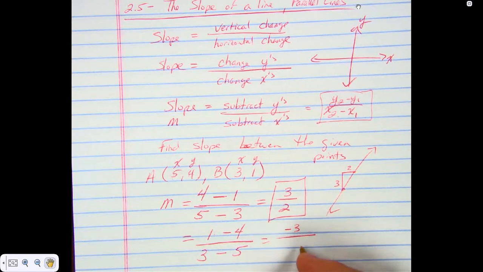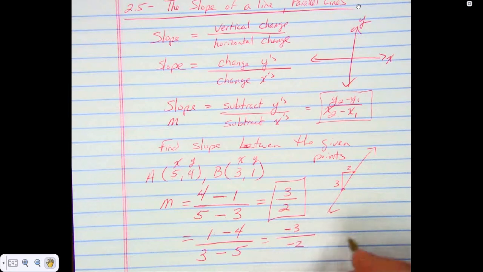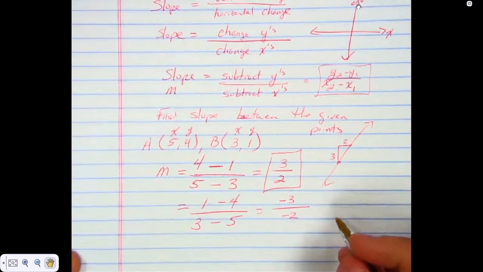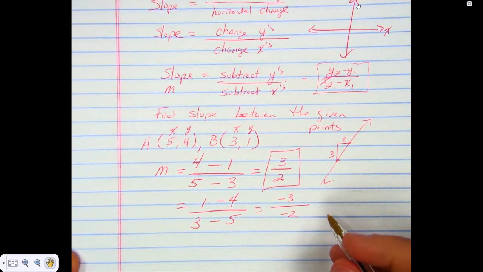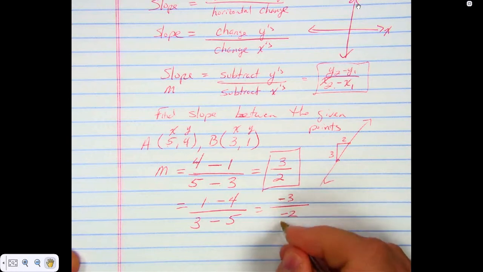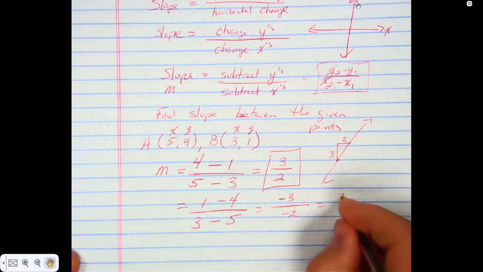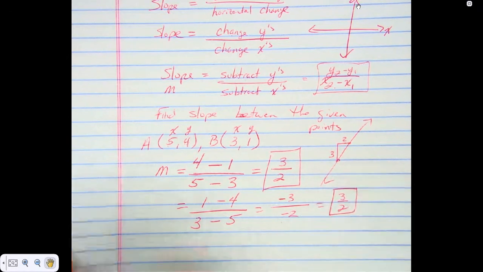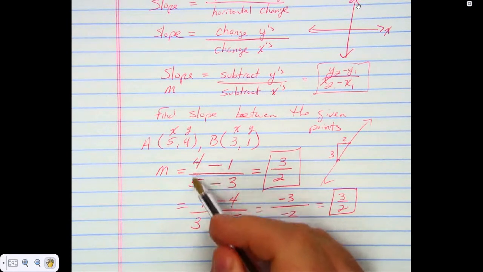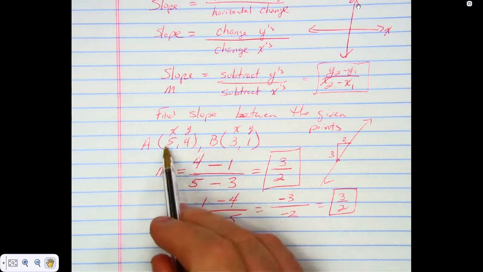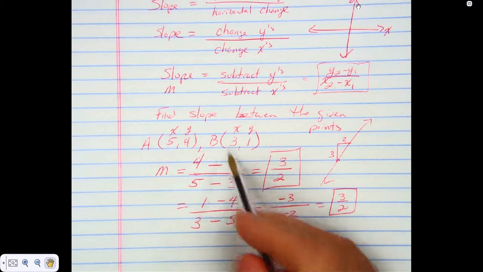Over, what is 3 minus 5? Did I get the same answer? You may, at first glance, say no, but you did. What is a negative divided by a negative? Positive. Did you get the same answer? Yeah. So does it matter? As long as you keep, like in this case, the 4 and the 5 together, and the 1 and the what?